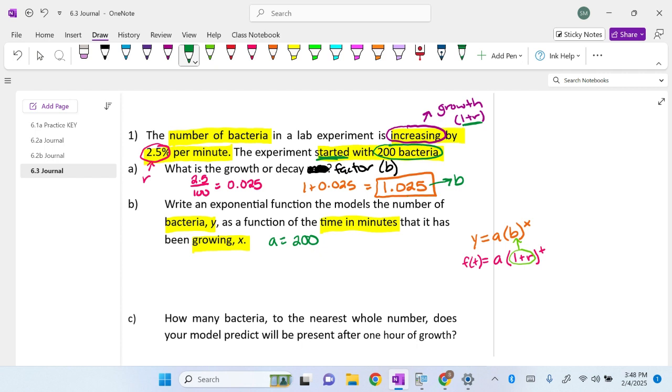We don't have a value for X or T, so we're just going to leave that as X. So our function is Y equals 200 times 1.025 raised to the X power. And that would be our equation.